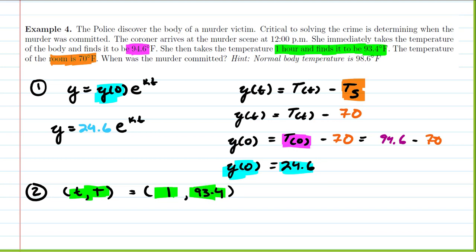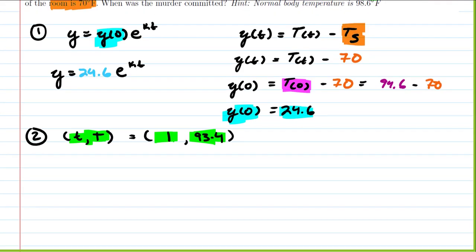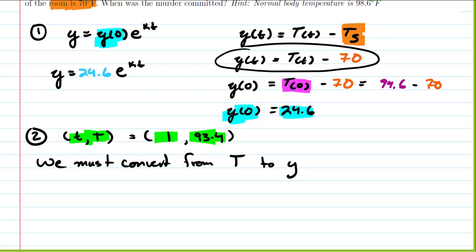But the problem is, in our model, we have y's, we don't have T's, right? So we must convert from T's to y's. Well, luckily, we have an equation that is going to help us do that. So we know that when little t is 1, big T is 93.4.